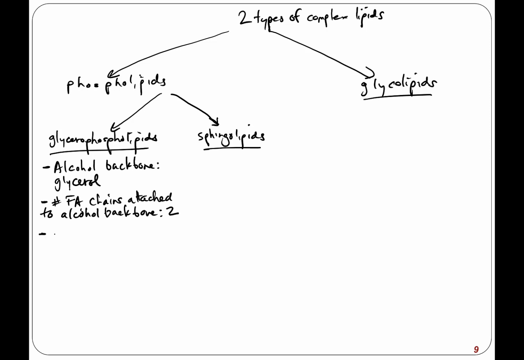And then the next thing I want to say is there's a phosphate plus alcohol also attached to the alcohol backbone, and this alcohol is one of 3 possible alcohols that I'll mention.